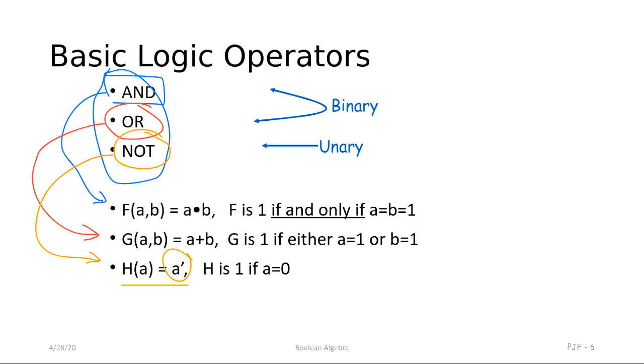So inverse means it is giving the inverted output, the opposite output. So h would be 1 if a is 0. Means if this a is 0, the output you will get is 1. If it is 1 here, you will get 0. In simple words, it is just giving you the opposite.